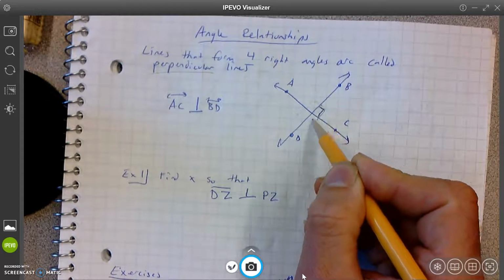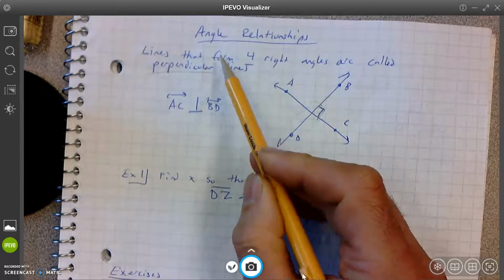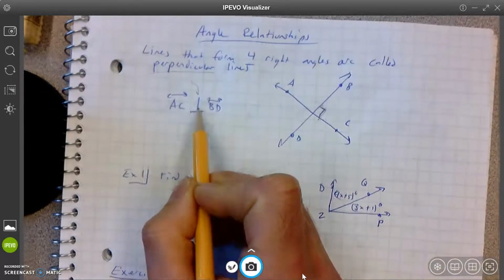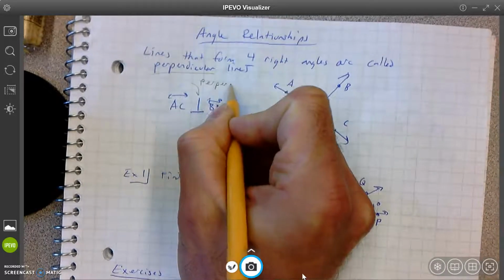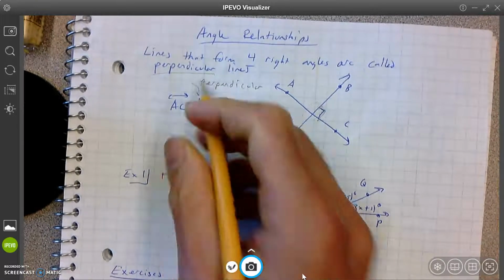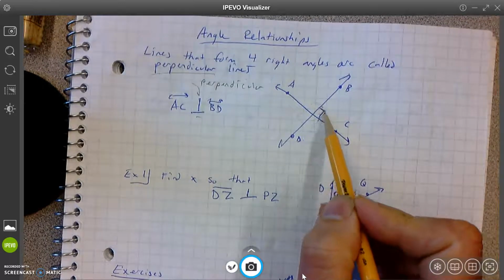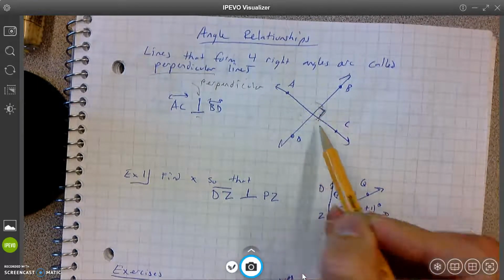So even though you just see one measure right there and it says it's perpendicular, make sure it says it's perpendicular, meaning this. So this little symbol here means perpendicular. So write that down. Little upside down T means perpendicular. So as long as these 2 lines are perpendicular, even though there's one little symbol here that says that's a right angle, actually all 4 of them are.